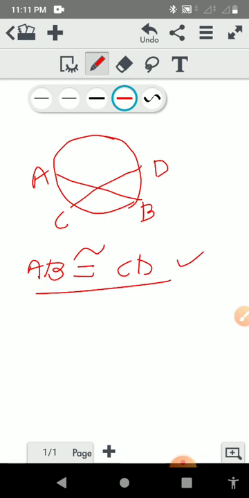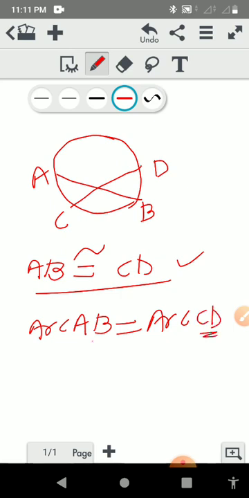Now, as we all know, the corresponding arcs of congruent chords are congruent, isn't it? So with the help of that theorem, we can write arc AB equal to arc CD, because these are the corresponding arcs of the congruent chords.